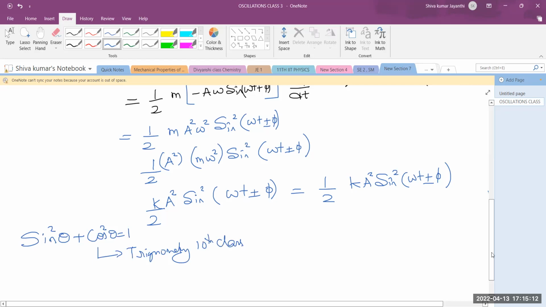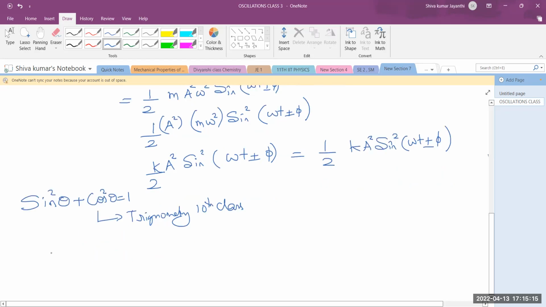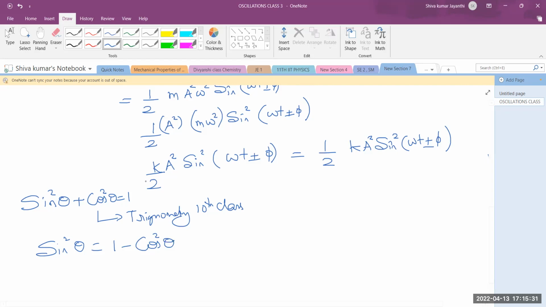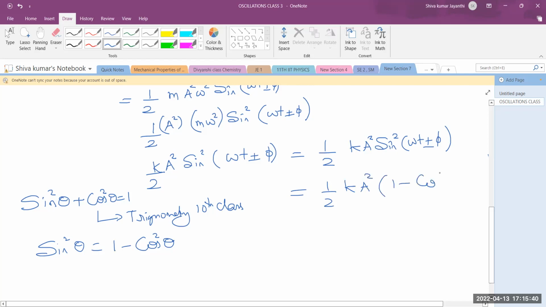So from that, we can say that sine square of theta can be written as 1 minus cos square of that. Yes or no? Yes, we can write it like that: 1 minus cos square theta. So can we write this as half k A square times 1 minus cos square of that whole thing, omega t plus or minus 5?